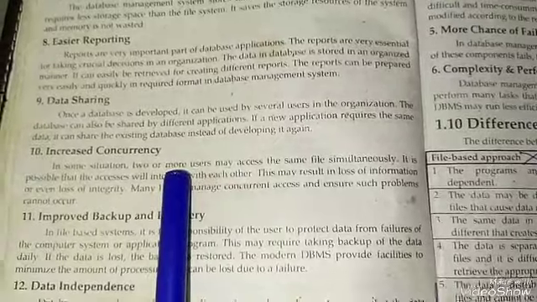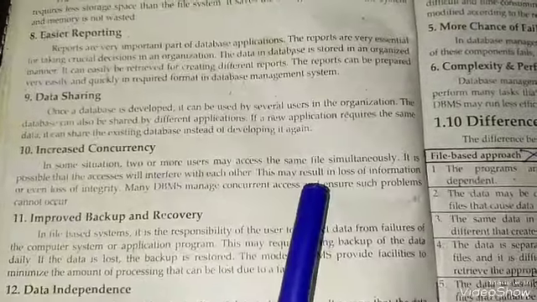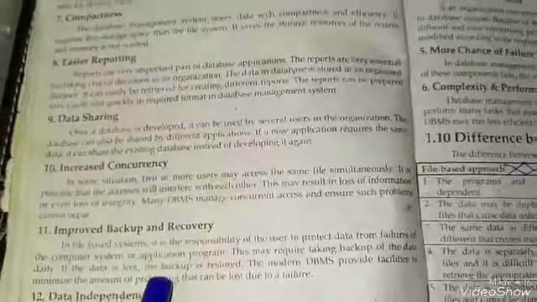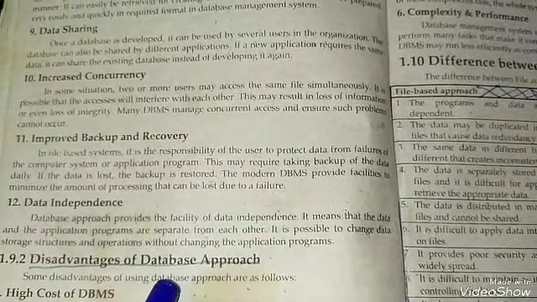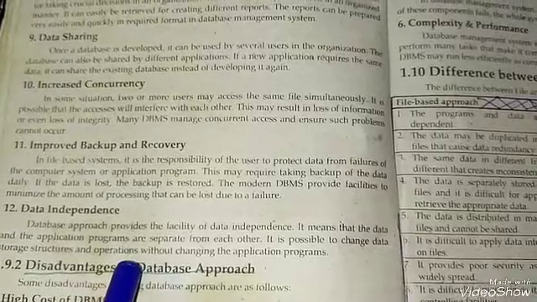Compactness. The database management system stores data with compactness and efficiency. It requires less storage space than the file system. It saves the storage resources of the system and memory is not wasted.